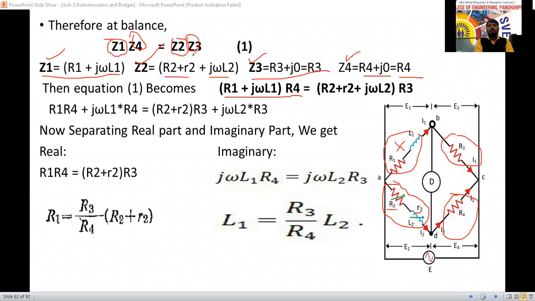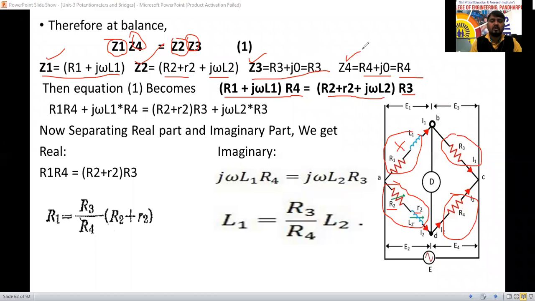Equal to, in the place of Z2 I will write the complete equation, R2 plus small r2 plus j omega L2, plus Z3, which is nothing but R3. Up to here I have written the equations.